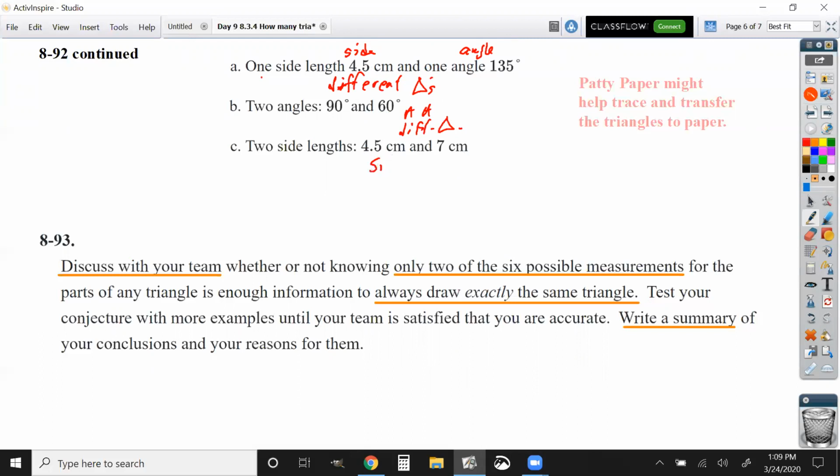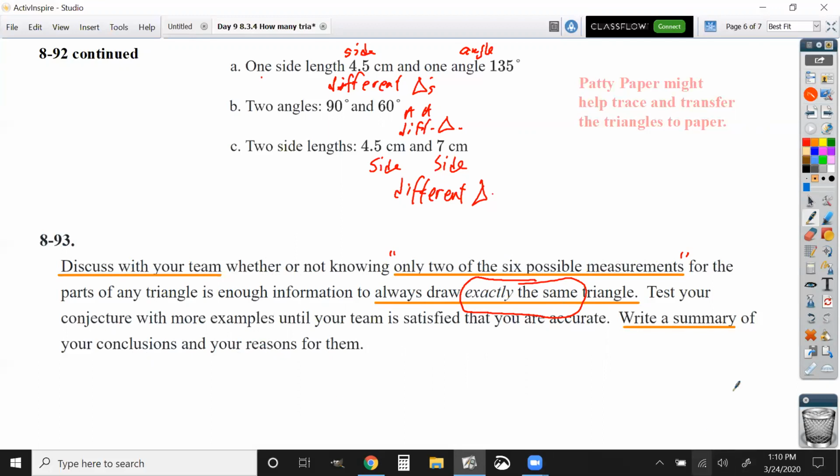A side and a side, we made different triangles. Part 93: Discuss with your team whether or not knowing only 2 of the 6 requirements for parts of a triangle is enough to always draw exactly the same triangle. Test your conjecture with more examples until your team is satisfied that you are accurate. Write a summary of your conclusions and your reasons for them.